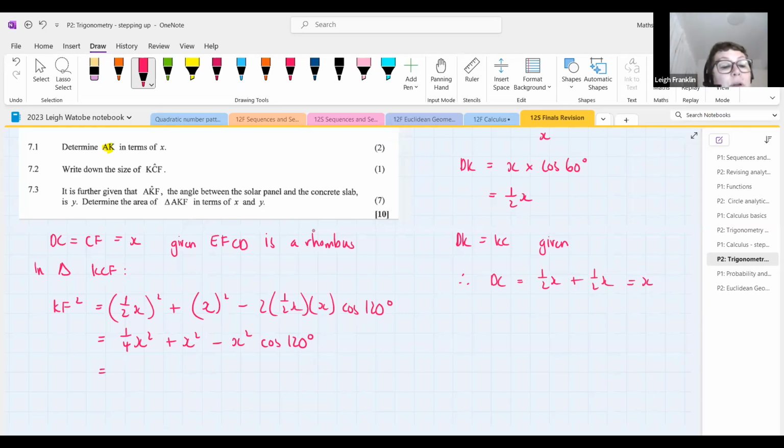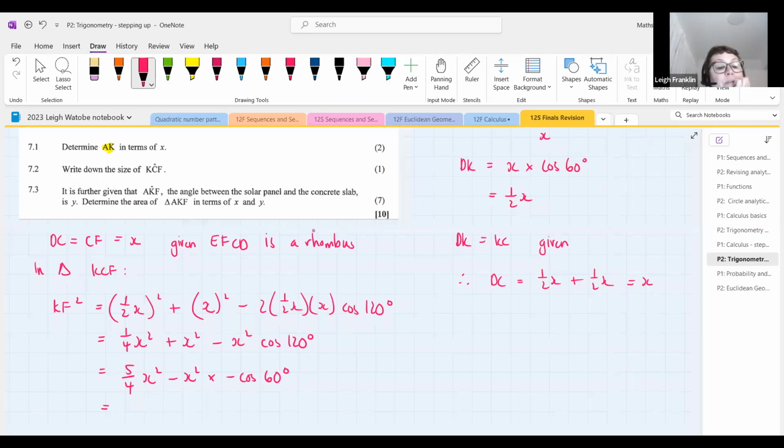So this is going to give us 5/4 X squared minus X squared times the cos of 120. I can write that as negative cos 60 if I reduce it.